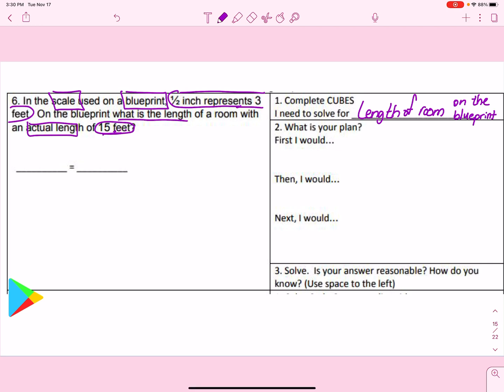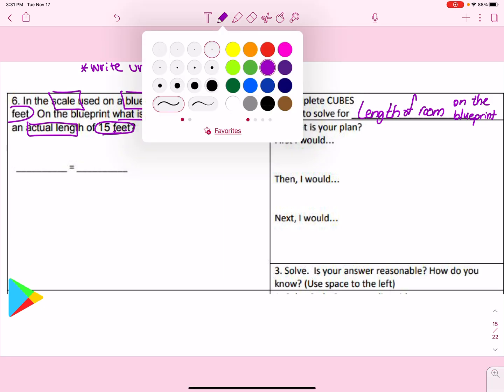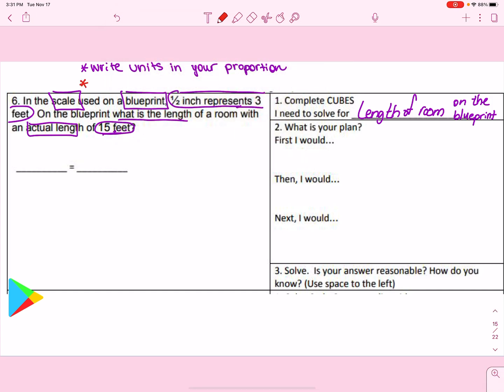Now, when we write things with scale, we need to be sure that we write units in our proportion. So write that down. Write units in your proportion. Another thing that is very important is that you need to identify that scale, and that has to go together.